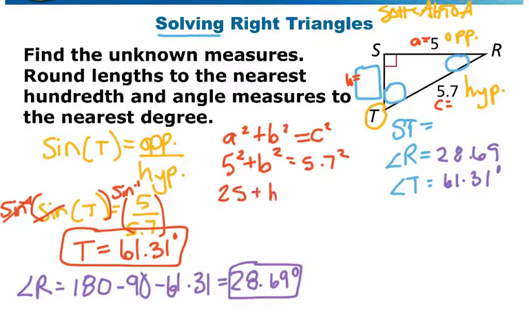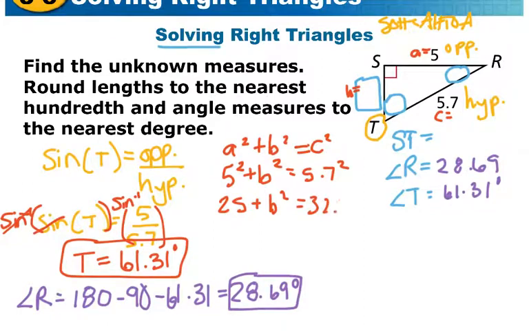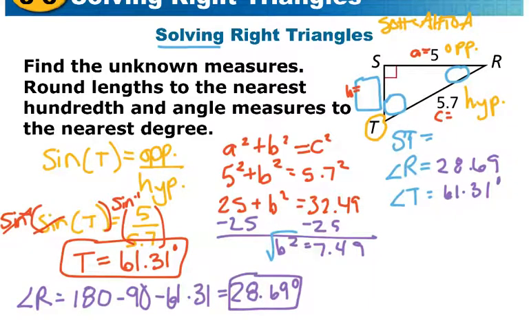If we solve, that means 25 plus b squared is going to equal 5.7 squared, so 32.49. And then from there, we'll subtract out our 25, leaving us with b squared equal to 7.49. But of course, to solve, just as we've seen before, square root of a square leaves you with that side length, but then we have to square root the other side.